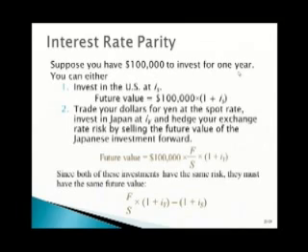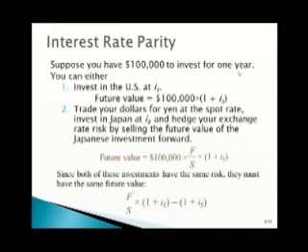So the 100,000 divided by S converts the dollars into yen. When we multiply by 1 plus I sub yen, we get the future value of the investment, and when we multiply by F, that brings this thing back to dollars.